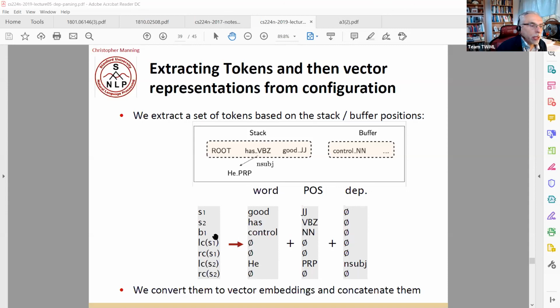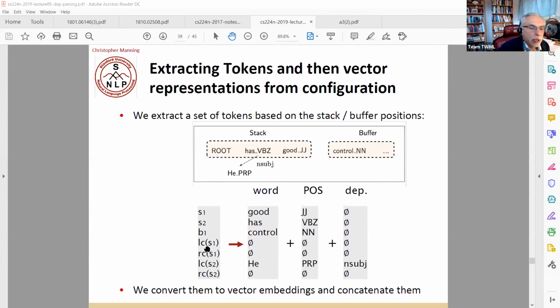And then B1 is the first word in the buffer, which is control, and its part of speech is an NN, which I think means a singular noun. And so it's showing that this is sort of a schematic for that 3 times D embedding, right? It's only got 2 parts because the third part, the dependency, is null in this case, right? So I think that's how we can understand what these S1, S2, and B1 mean.